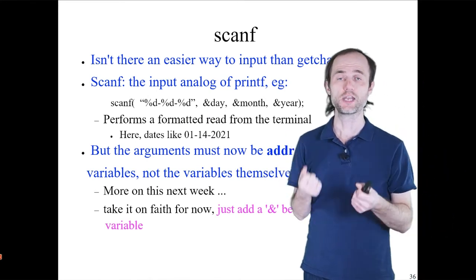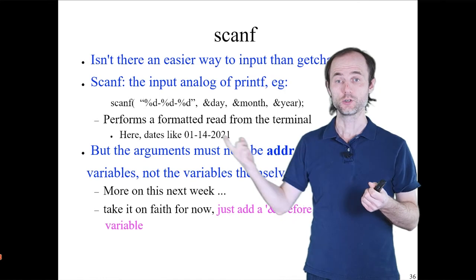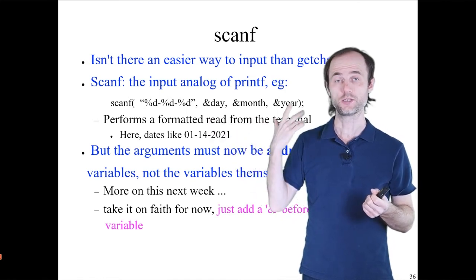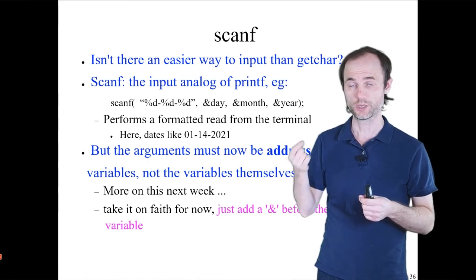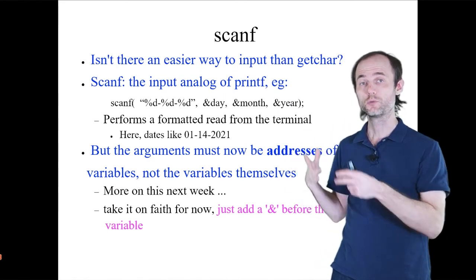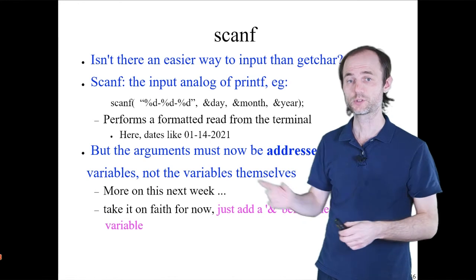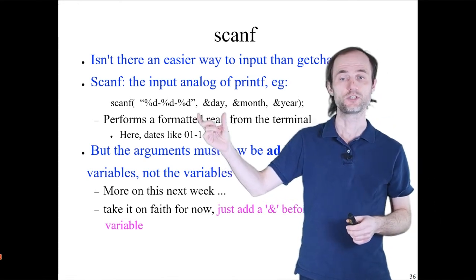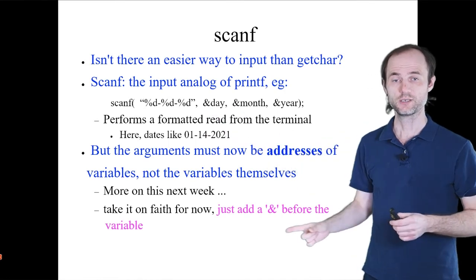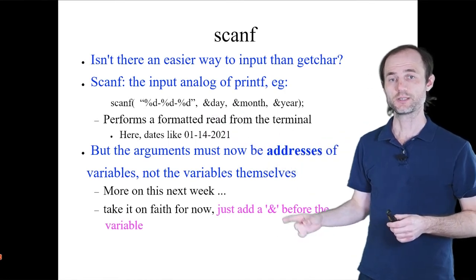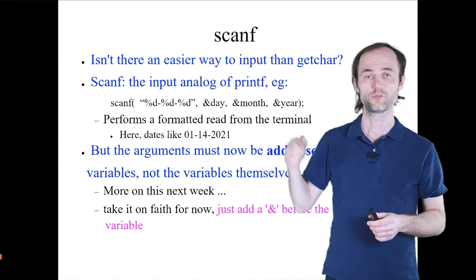And because scanf needs to know not just the value of the month, day, and year, it needs to know where these variables are stored in memory, that is, the addresses. In order to update the values of these variables, we provide it with the address of the day, which we do with the ampersand sign, just like the slide explains here, for all of these three variables.